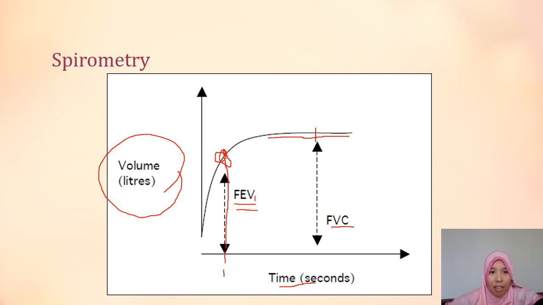When you say restrictive, it means restricting the lungs from expanding, or restricting the lung compliance to expand, right? The lung compliance. So that's restrictive lung disease. And the other type is obstructive lung disease, where when you say obstructive, it means anything that obstructs the airway. So anything that obstructs the airway is categorized as obstructive lung disease.